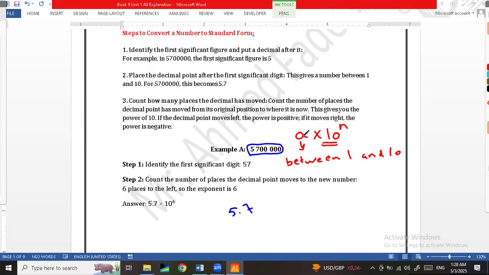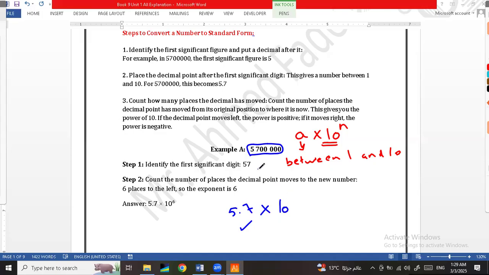Because as we agreed, I need a number that is between 1 and 10, and here the number that I can get is 5.7. Then you multiply it by 10 to the power of something. So now the only thing that is missing is the power.